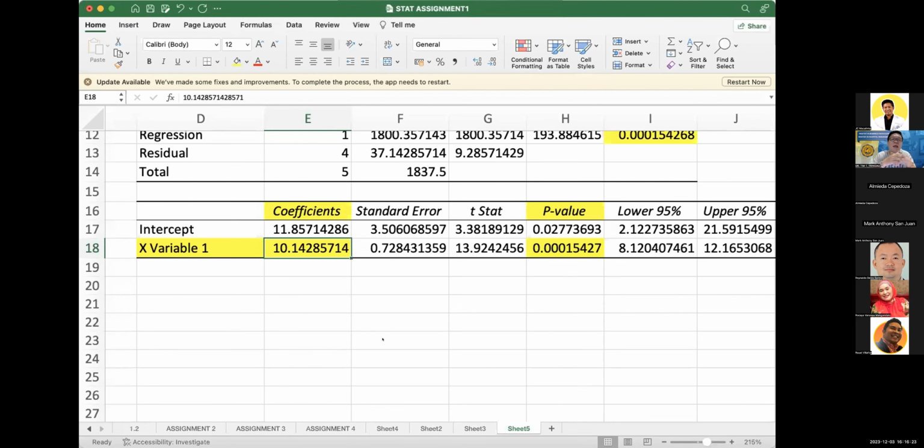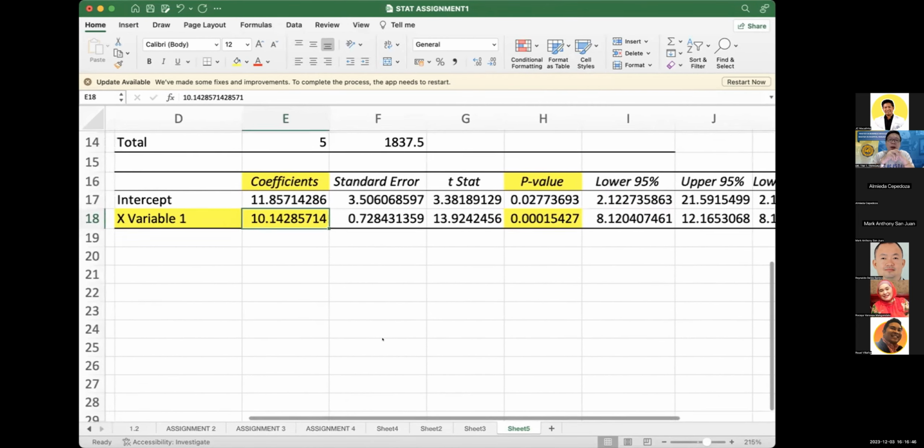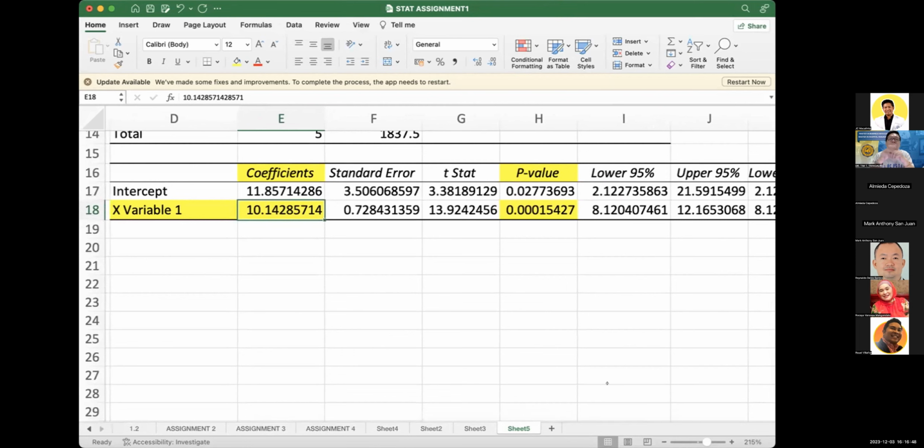After that, the last thing that you have to take note of is the p-value of your X, which is 0.0001. You use this as the p-value of your test, and compare it to the p-value of the null, which is 0.05. Your p-value of the test is 0.001. If you imagine where it lies, most probably it lies outside the rejection region.